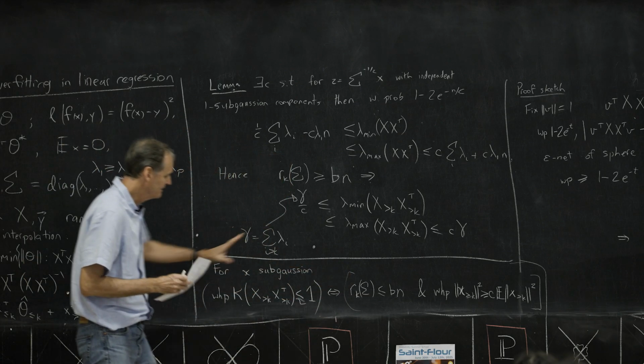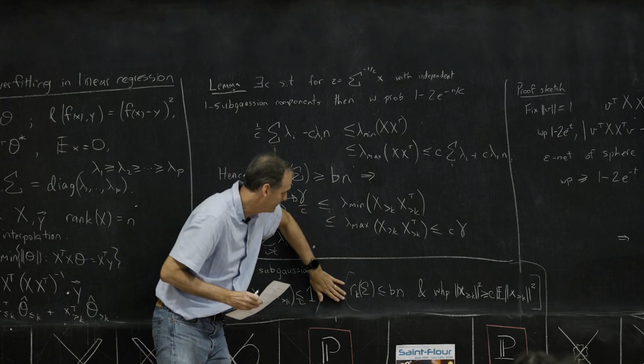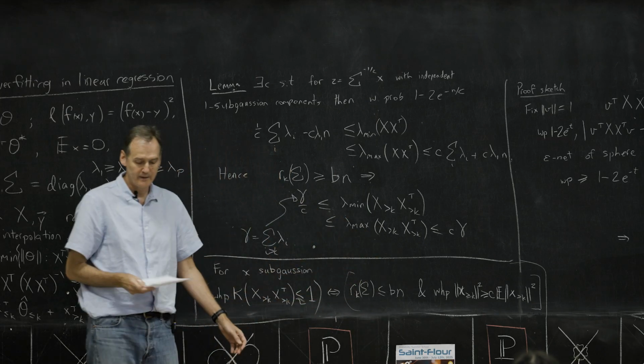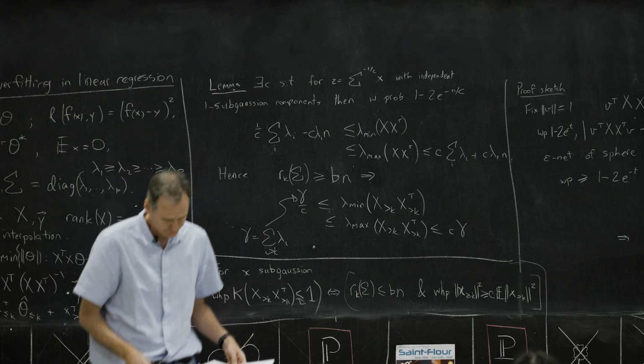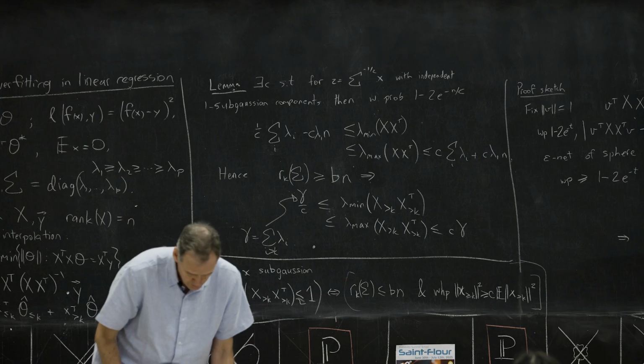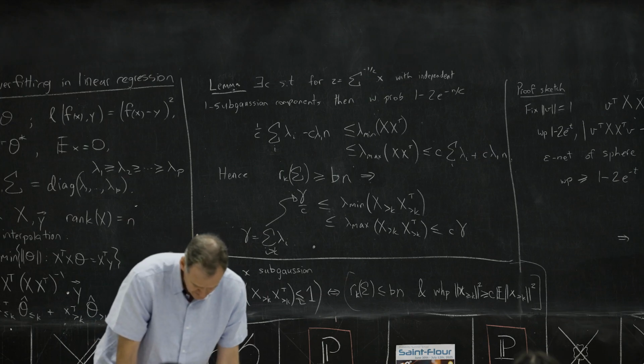At least I should say, you can get sufficient conditions that have very much this flavor, sufficient conditions for the condition number being not too big. Okay, but we'll be thinking about just the sub-Gaussian case.